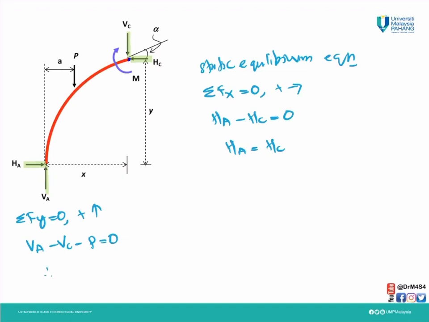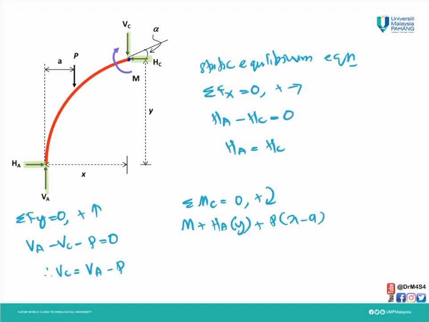Then we have VC equal to VA minus P. Then we take summation of moment at C equal to 0, positive clockwise: M plus HA times Y plus P times (X minus A) minus VA times X equal to 0.